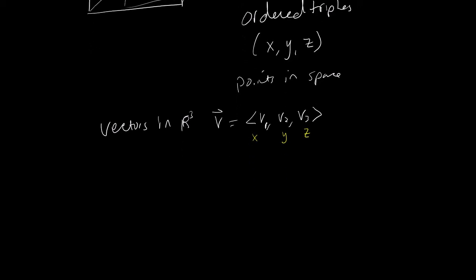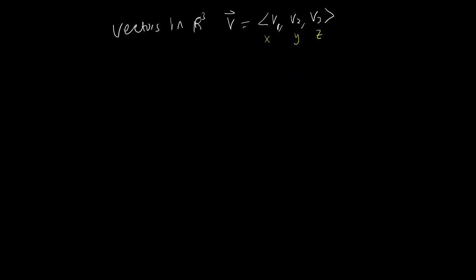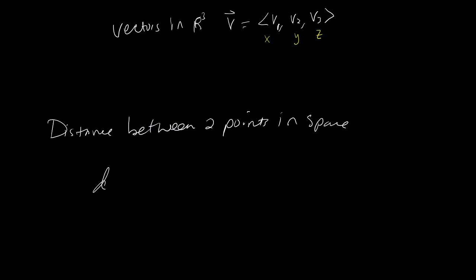Now, how do we find the distance between 2 points in space? Well, it's exactly the same as finding the distance in 2 dimensions, only now we have a 3rd dimension added on. So the distance between 2 points is given by d equal to the square root of, and then we're just going to subtract the components.